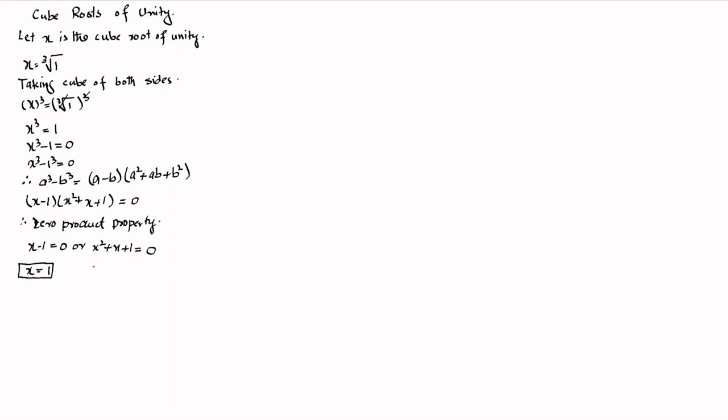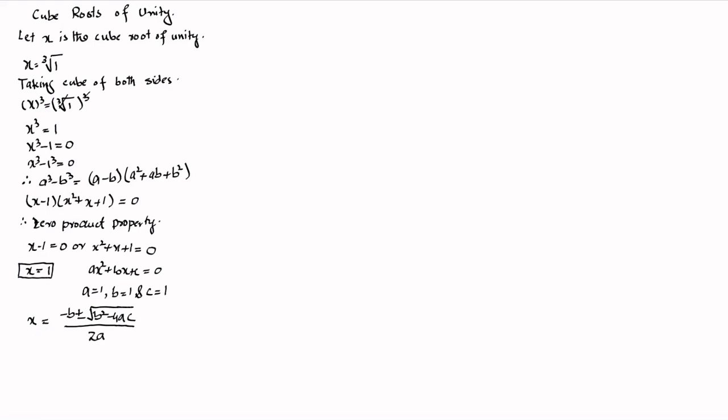So comparing this quadratic equation with the standard form, which is ax square plus bx plus c is equal to 0, from here a is equal to 1, b is equal to 1, and c is equal to 1. To find the roots of a quadratic equation, we use the quadratic formula, which is minus b plus minus square root b square minus 4ac divided by 2a.